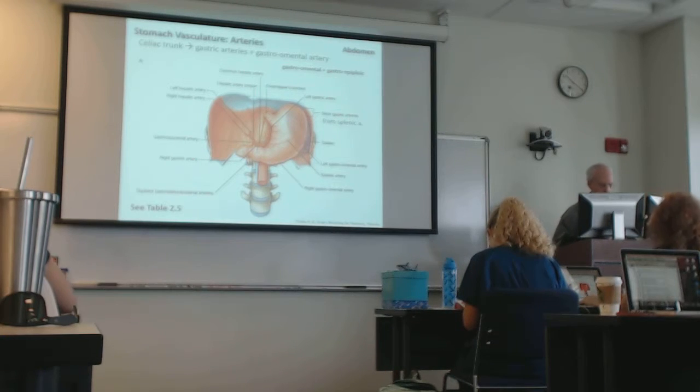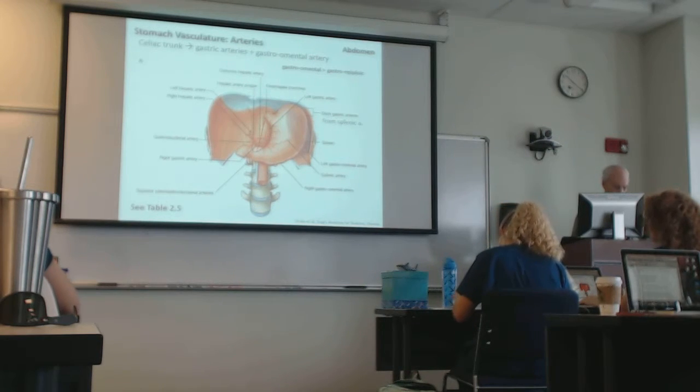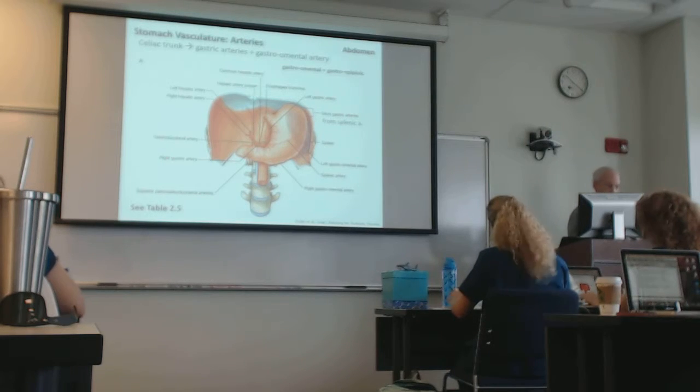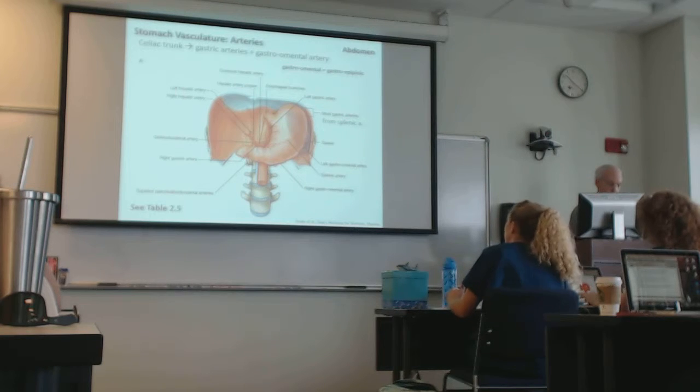Now, we've talked about the blood supply to this region. In fact, we saw this earlier as well. What we're looking at here, of course, is the stomach, and then we can see the celiac trunk here. And that celiac trunk, as you recall, gives rise to the common hepatic artery. Well, there's some other arteries we'll talk about in just a moment. But it also gives rise to the gastric arteries, either directly or indirectly.